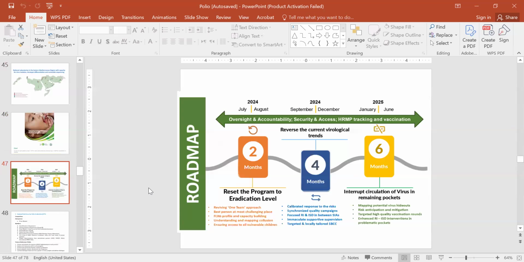Starting from July 2024, they had the goal in the first 2 months to reset the program to the eradication level. Then in the next 4 months, they had the plan to reverse the current virological trends. And then in the next 6 months, in 2025, they plan to interrupt circulation of virus in remaining pockets.